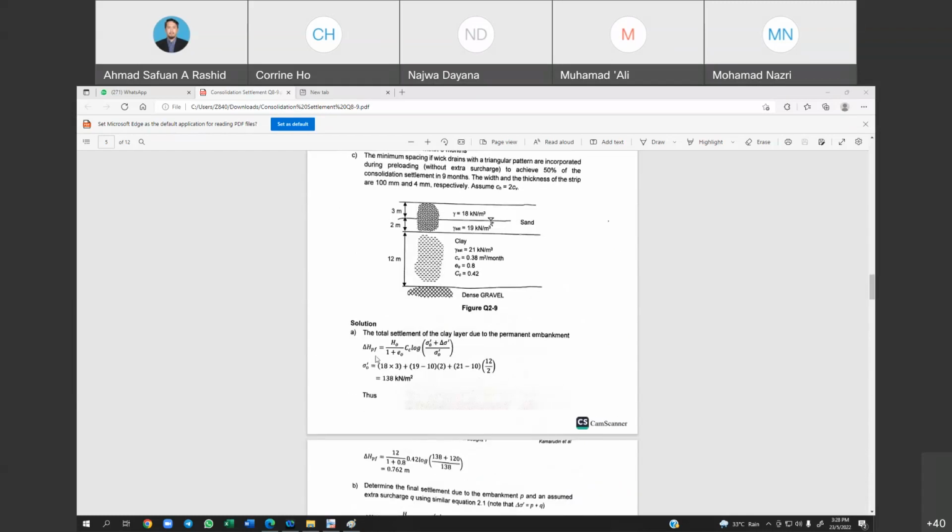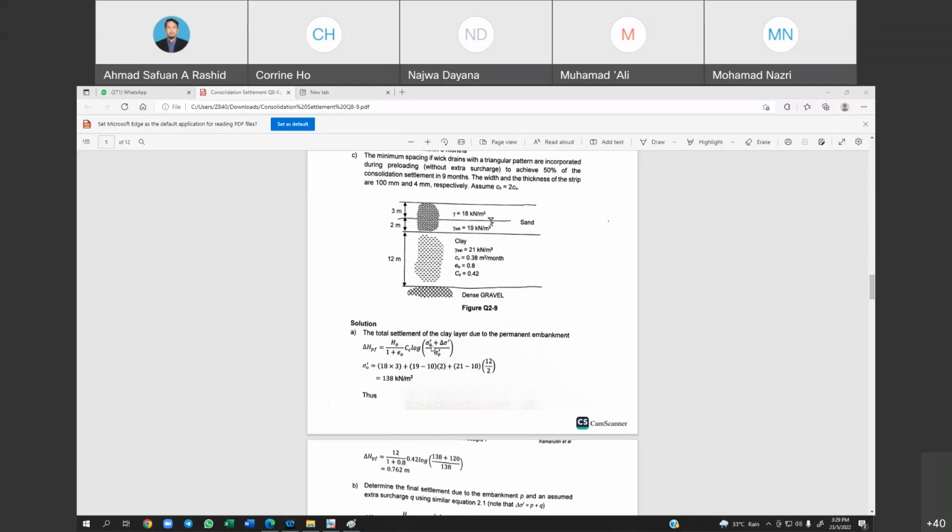So the total settlement of the clay layer due to the permanent embankment. H naught is 12, 1 plus 0.8, where 0.8 is the e naught. Cc is 0.42, log.